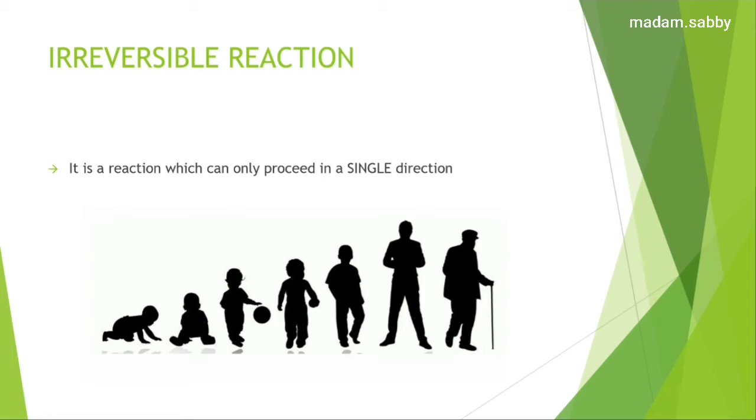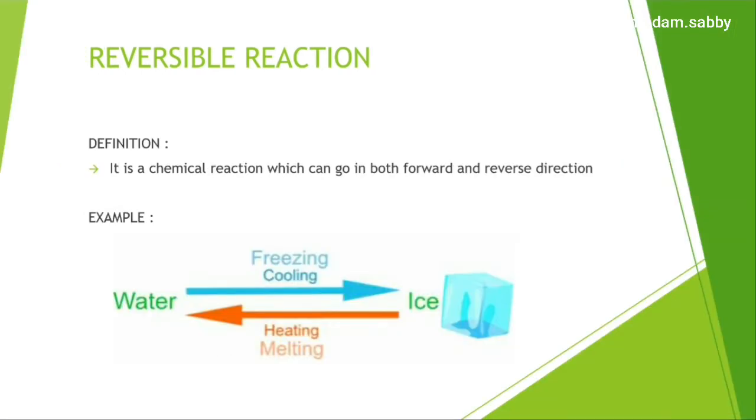Now let's look at reversible reactions. An irreversible reaction can only proceed in one direction, the forward reaction, but for a reversible reaction, we can proceed in both directions, which involve the forward and reverse directions. So what is forward and what is reverse?